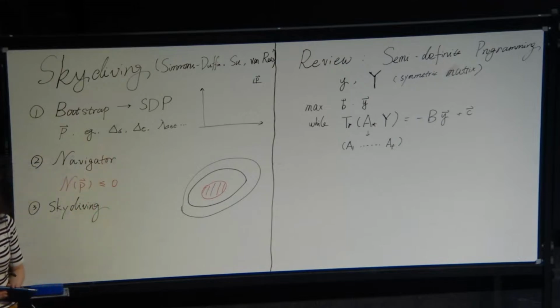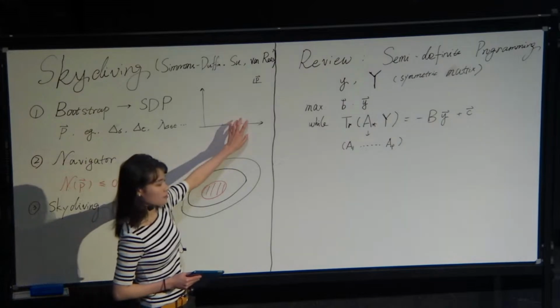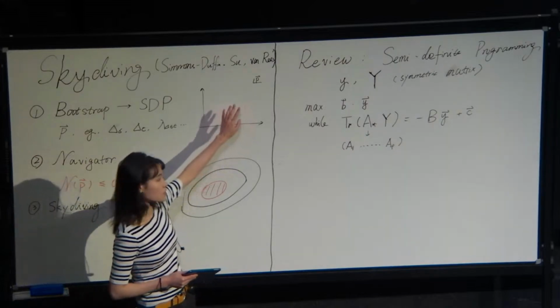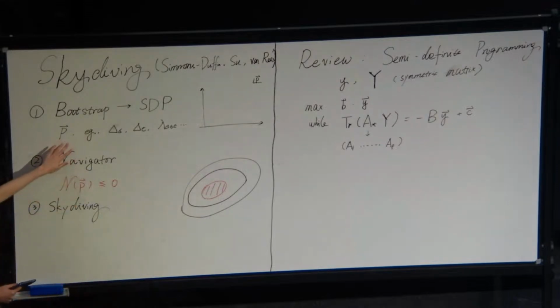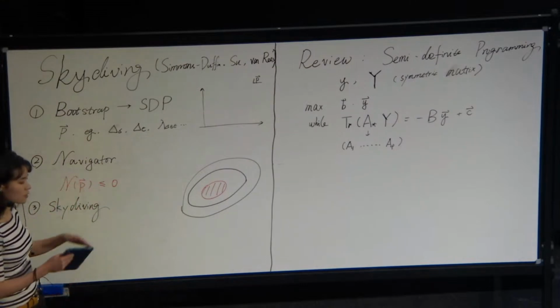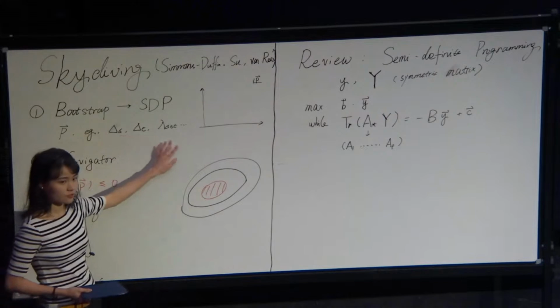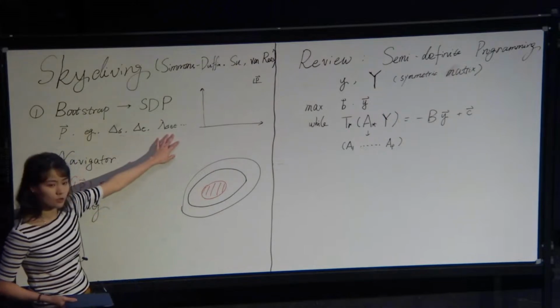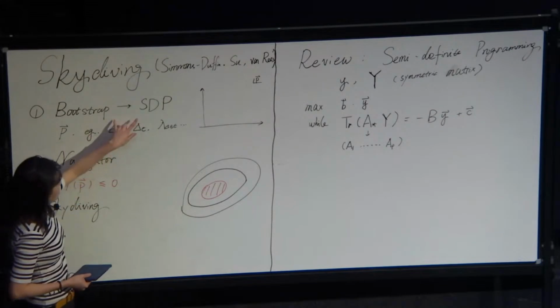The big goal or paradigm of numerical bootstrap is that we want to explore some parameter space to find the theories that obey some physical constraints, or are ruled out by those constraints. In general it will be a relatively low dimensional parameter space, such as scaling dimensions of some operators in CFTs or the OPE coefficients.